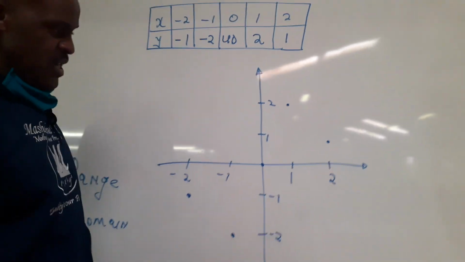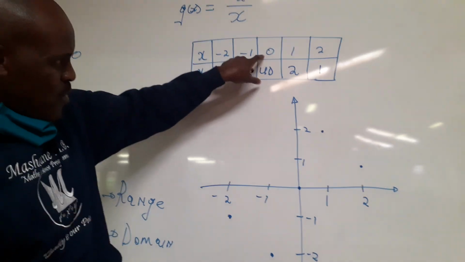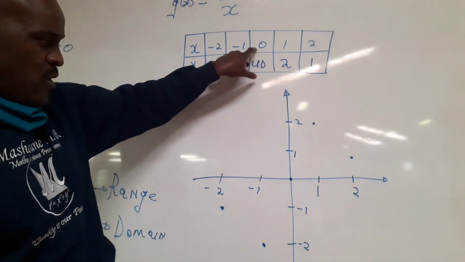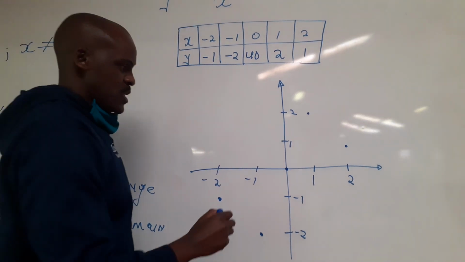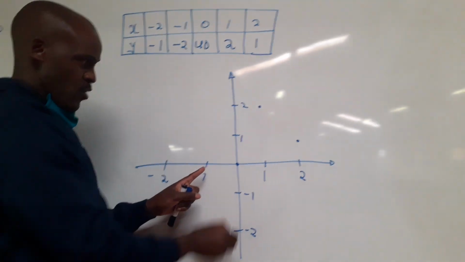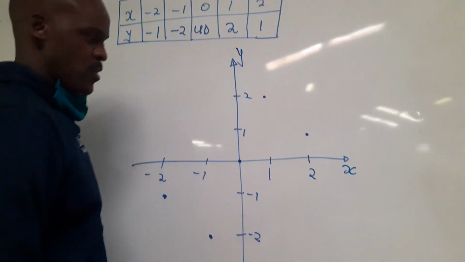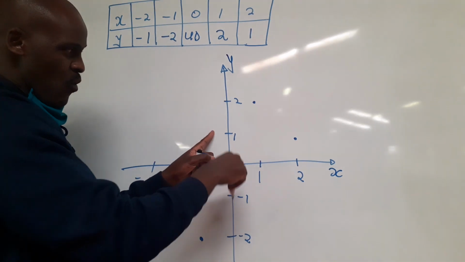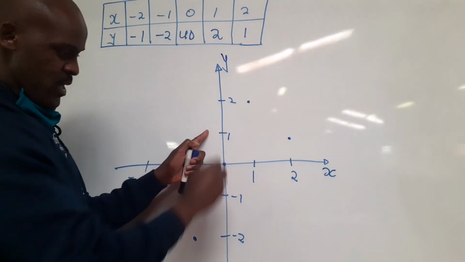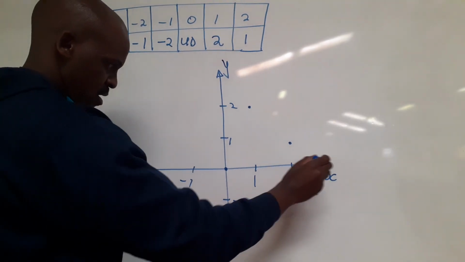So remember that if x is equal to 0, this won't exist. In other words, x is equal to 0 on the y-axis. Therefore, our graph won't touch the y-axis. It doesn't exist on the y-axis. Same thing here.